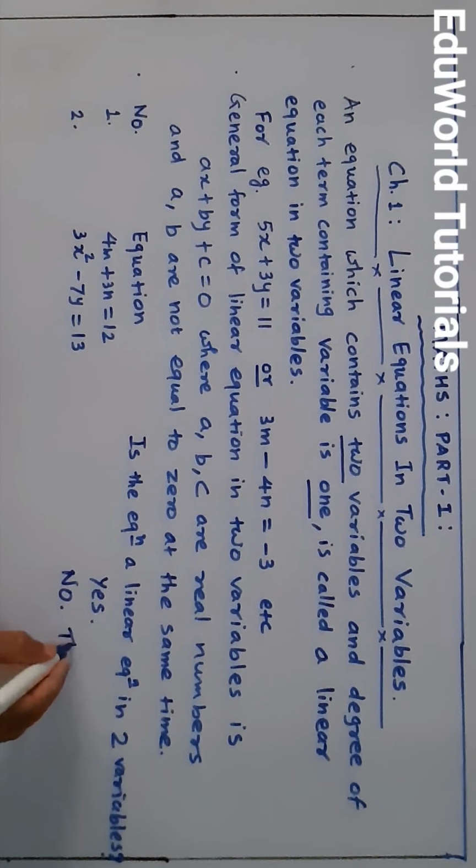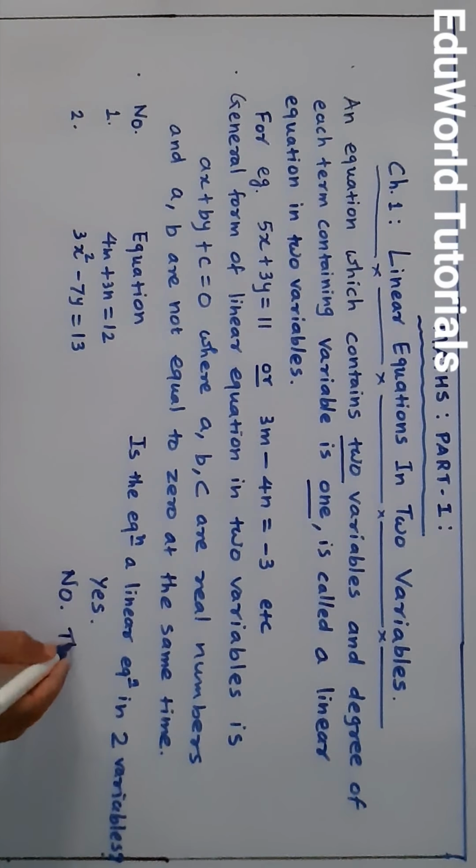Third example they have given, and that is of the equation root 2x minus root 5y is equal to 16. Are there two variables? Yes. Is the degree of each variable 1? Yes. Are they the real numbers?